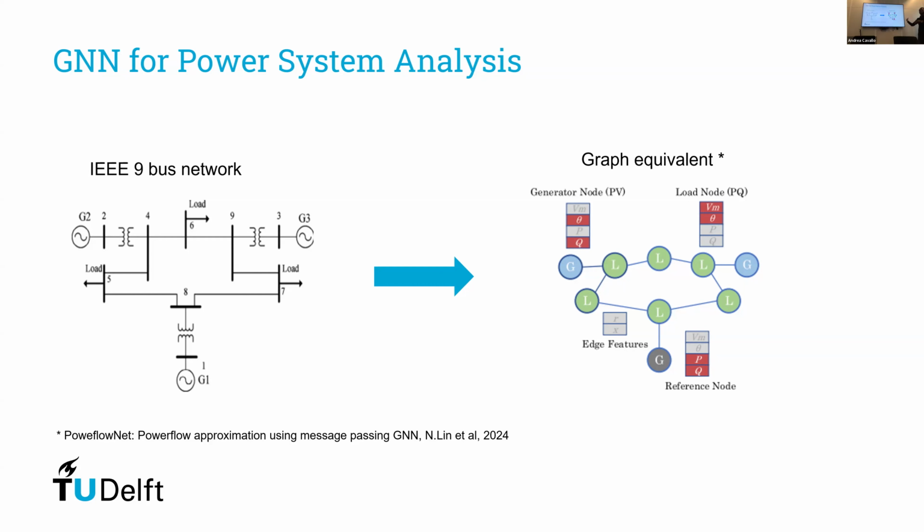We can construct the graph equivalent where the nodes of the graph signify the buses in the network. In a 9 bus system, you would have 9 nodes, and the edges would signify the links, or transmission lines, between the various buses. So you can transform a power system network into the equivalent graph.